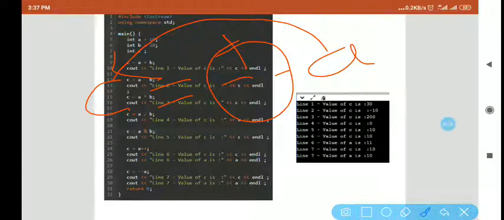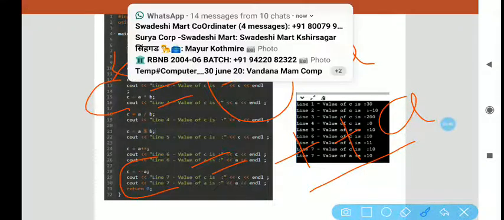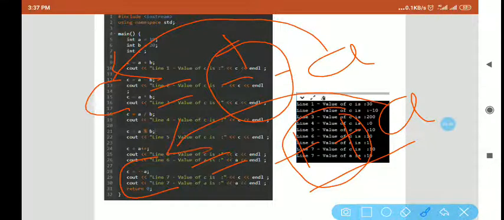This is the simple way of understanding how the pre decrement operation takes place. Similarly, if c equal to plus plus a, this is the pre increment operator. In this, first the value of a is incremented by 1 and then it passes to c.